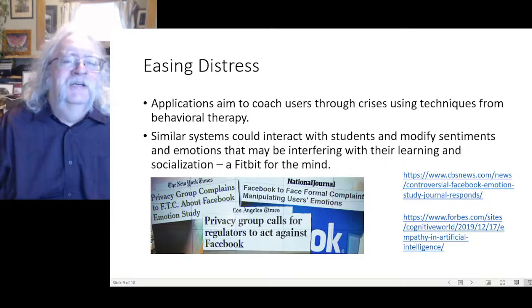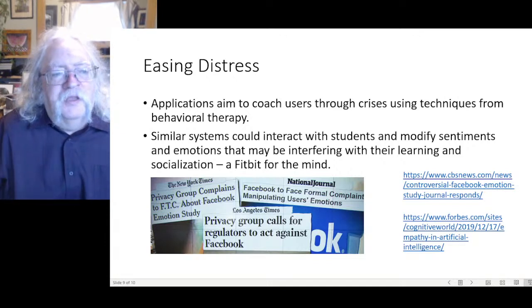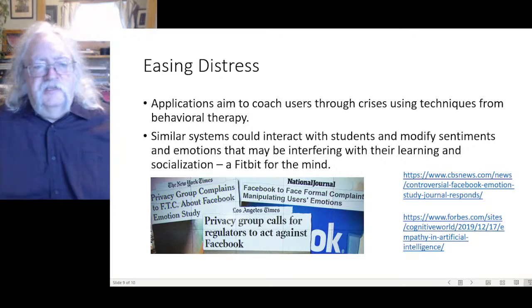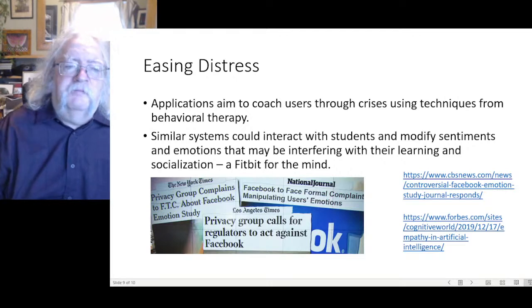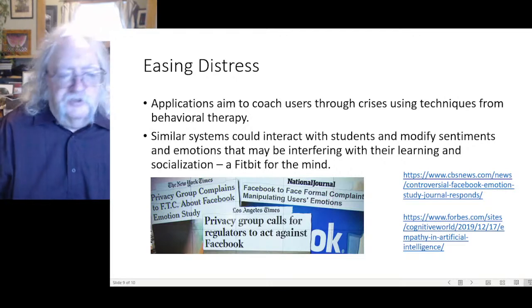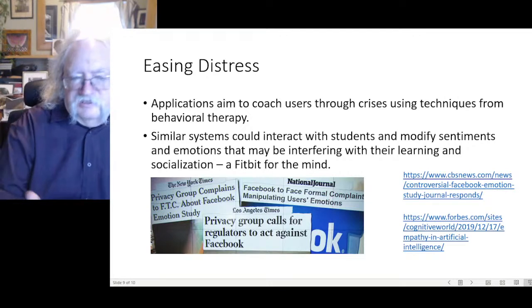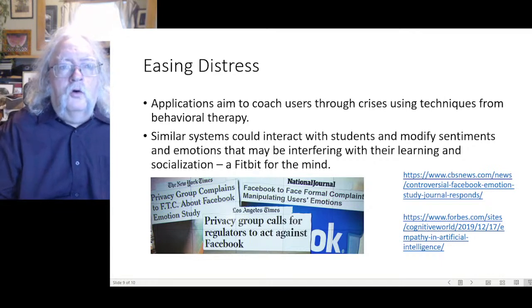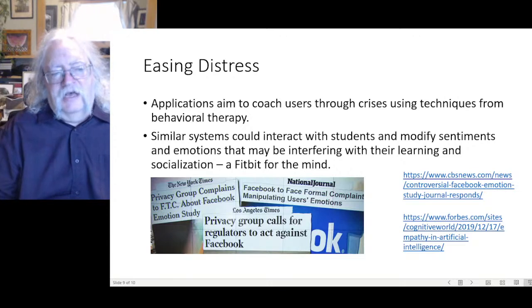Because of course. So similar systems can interact with students, can monitor sentiments and emotions that may be interfering with their learning, their socialization, almost acting, as I say here, a Fitbit for the mind. We know that this can happen because it has happened.